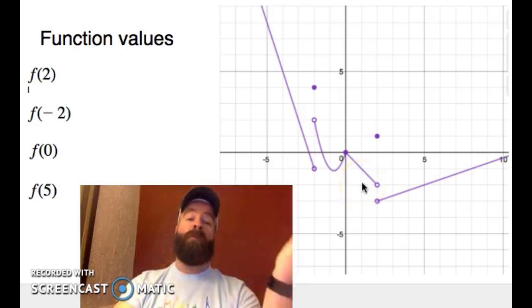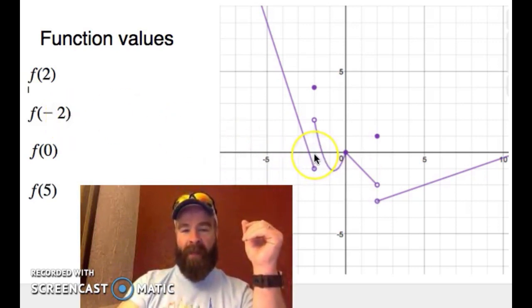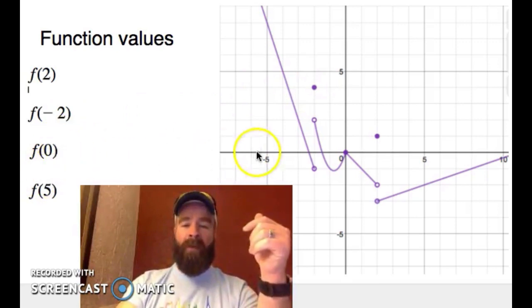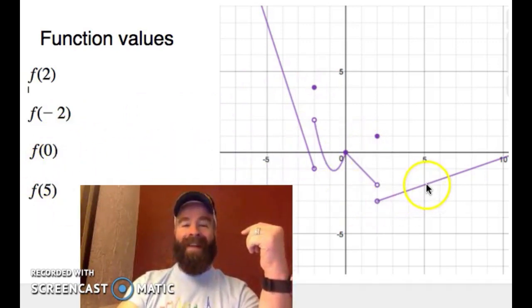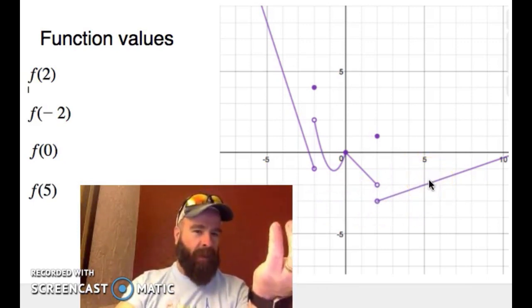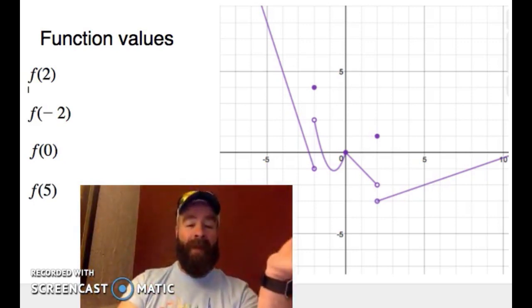You just want to know where the point actually is. So f of negative 2, if you look at the x value of negative 2, there's a point at 4. f of 0, there's a point at 0. f of 5, there's a point at negative 2. Even though there's not an emphasis on the point, there is a point there. So function values give the actual y value at that place.